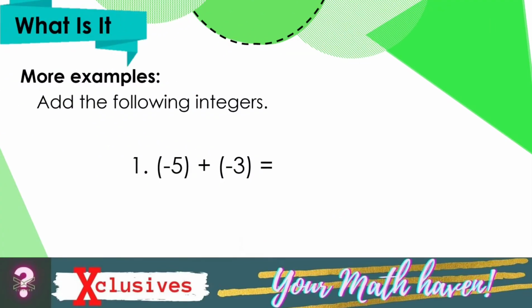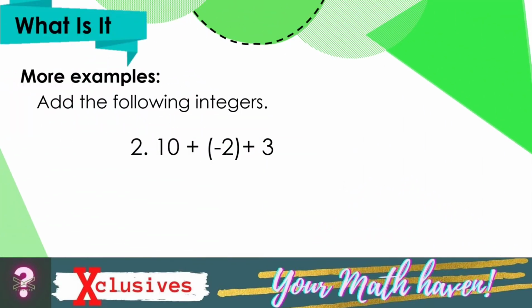More examples. Add the following integers. Number 1, negative 5 plus negative 3. As you can see, the two numbers are in the same sign. They are both negative. That is why we are going to add them and copy their common sign. We have negative 8.